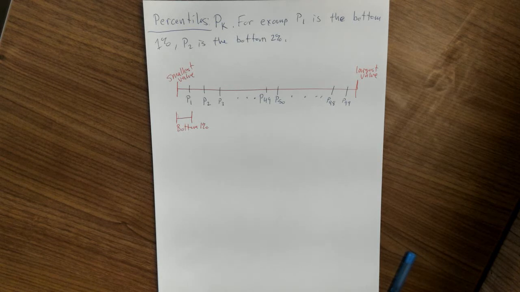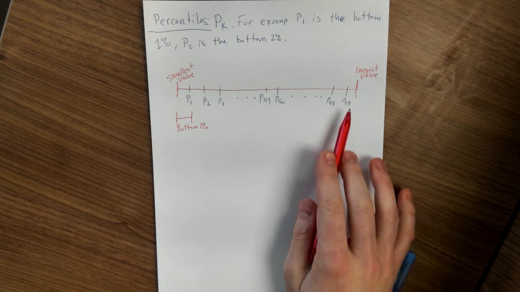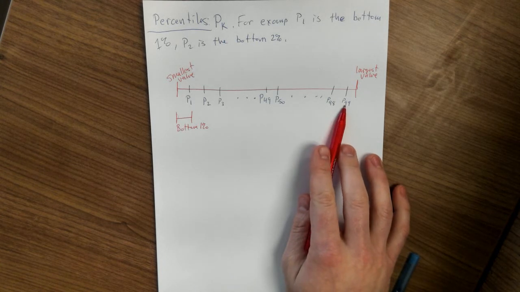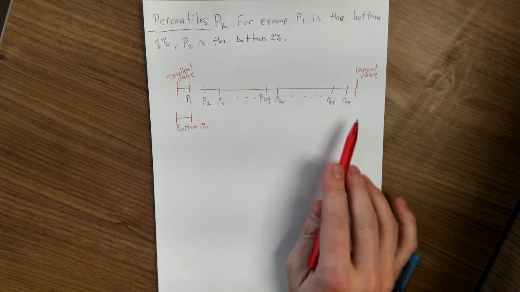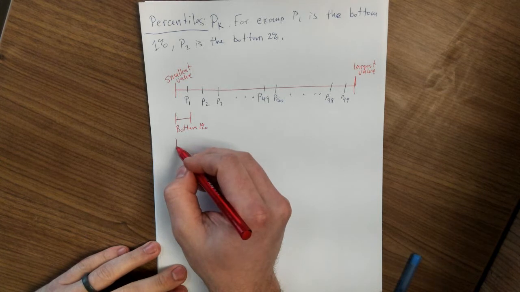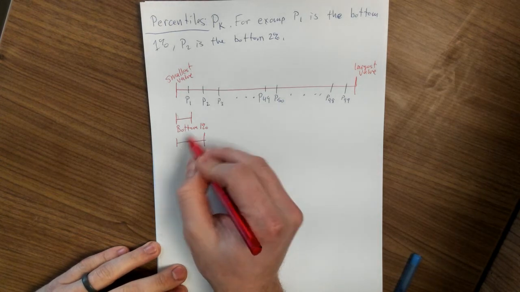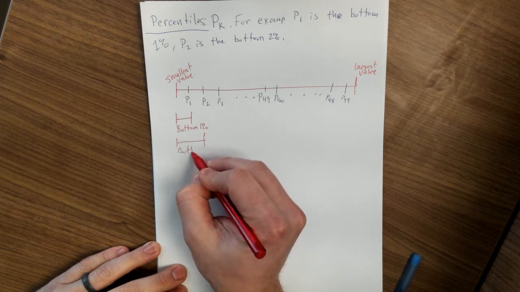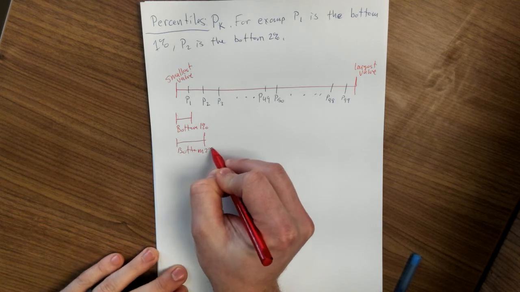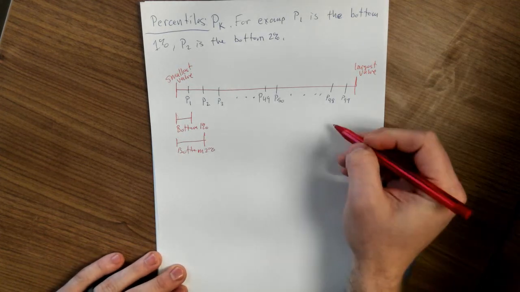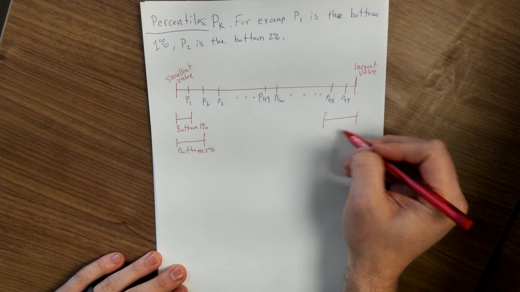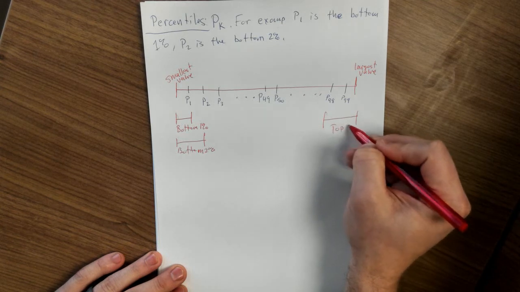So if your child was born and you're told that your child is in the 99th percentile, that means your child is taller than 99% of all the other babies that age. If you keep going from here to here, that just means the bottom 2%. If your child was in this range over here, this would mean to be in the top 2%.